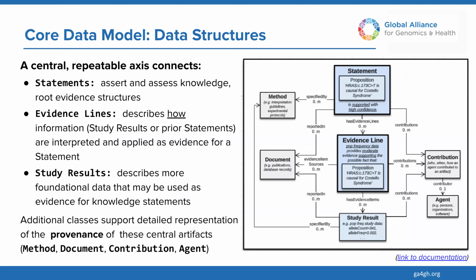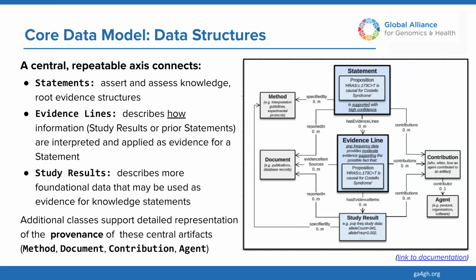The core data structure that we see the VA model being able to build is shown here on the right. It consists of this central repeatable axis that connects what we call statements to evidence lines, and then evidence lines to evidence items, which are things like study results that represent the foundational data used as evidence for those higher-order statements.